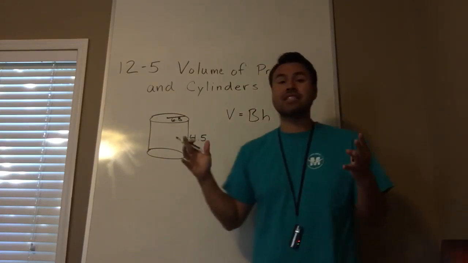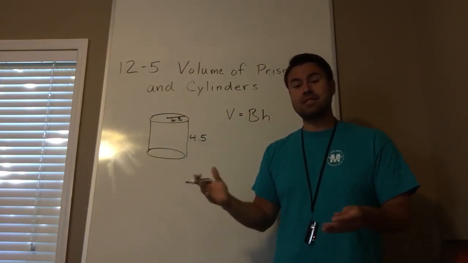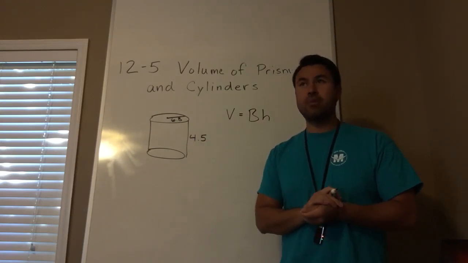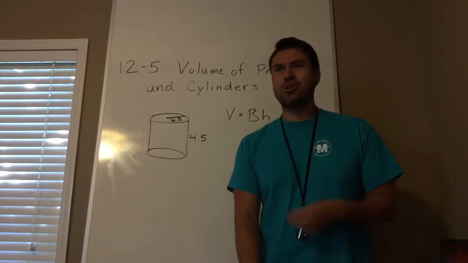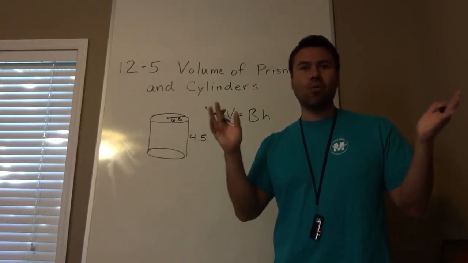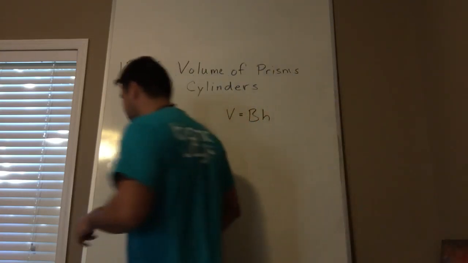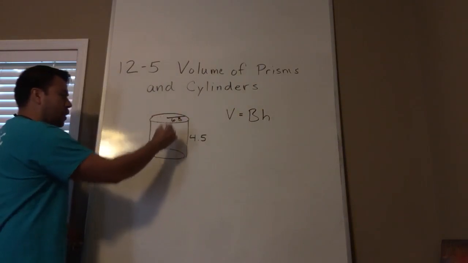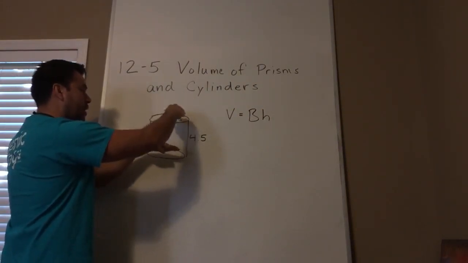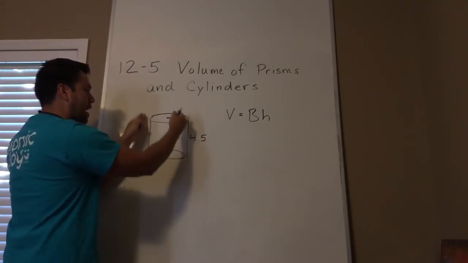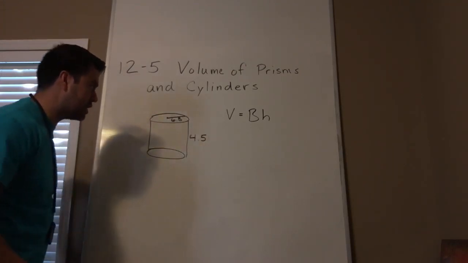Okay, so what is the base of this cylinder, which you can almost call a circular prism, if you wanted to say it, but that's not really a term. A circle has its bases, and they're parallel to one another. They have a height between them, or distance between them.